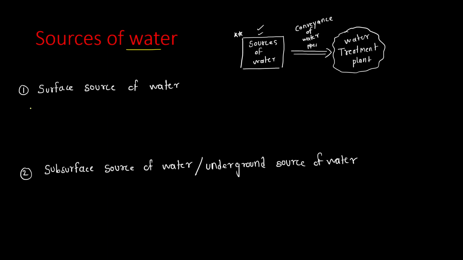Now in surface sources of water there are a few types. From the name it is clear: one is surface and another is subsurface. Whatever water is present directly on the surface of the ground comes under this category. Examples are lakes and ponds, then streams and rivers.